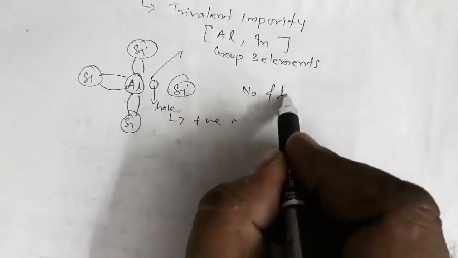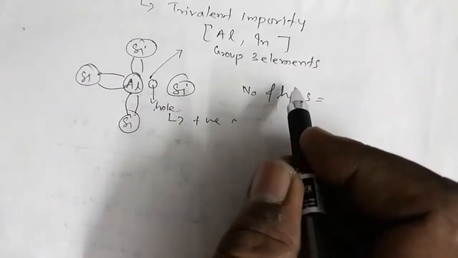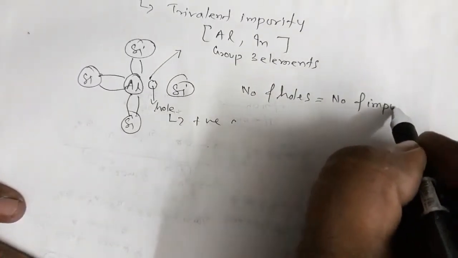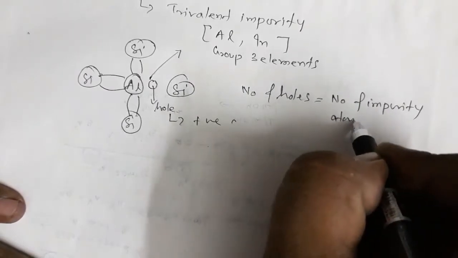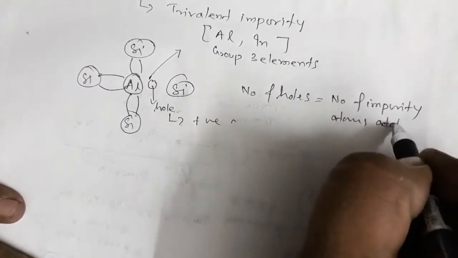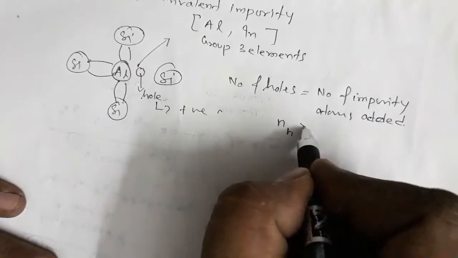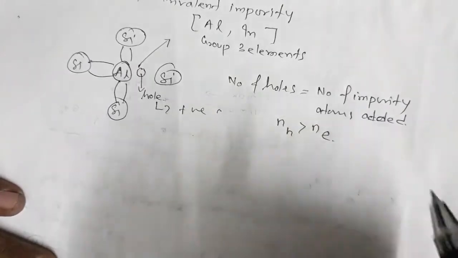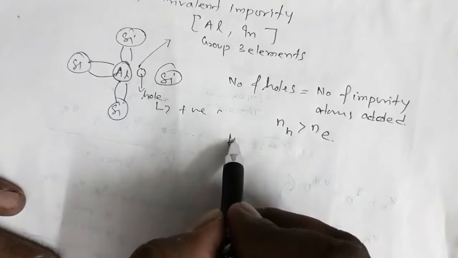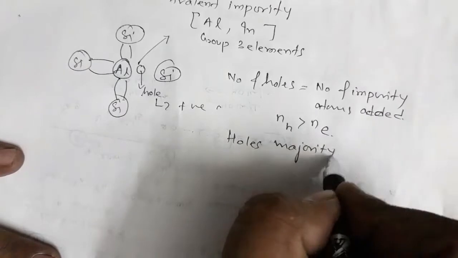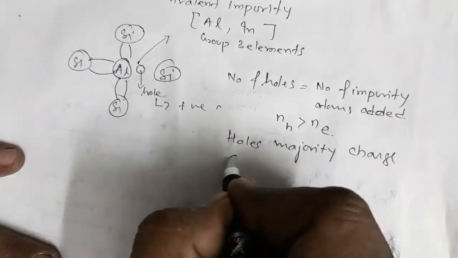So that means the number of holes is equal to the number of impurity atoms added. So in this case it is aluminum. Obviously in this case the number of holes per unit volume will be greater than the number of electrons per unit volume. So here holes will be the majority charge carriers.